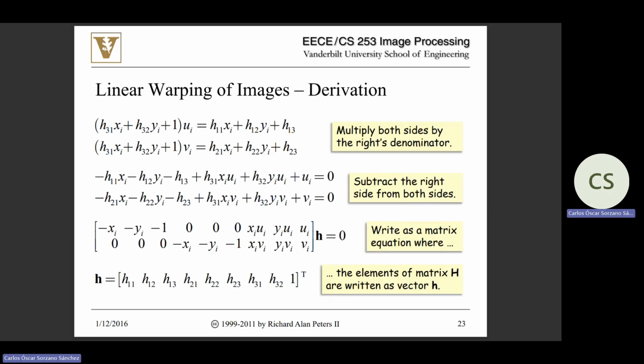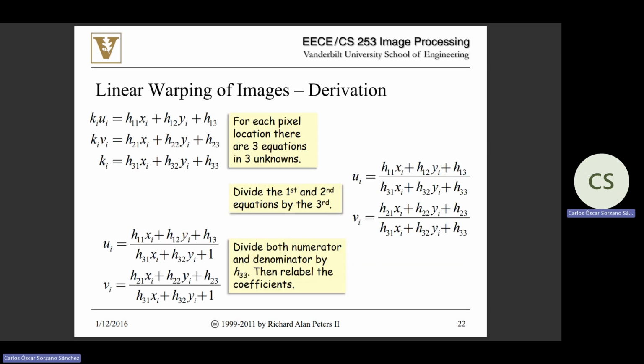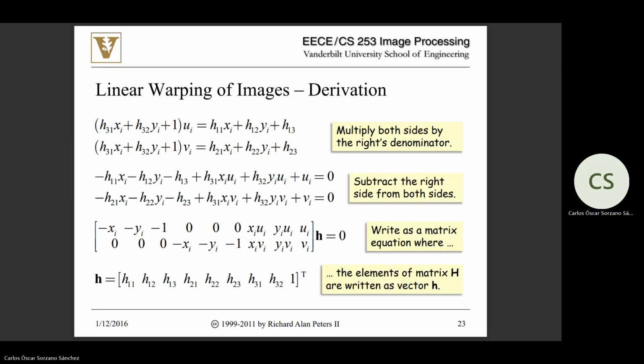Okay, very good. Now we simply put the denominator to the other side. We have this thing, and you bring everything to this side. You expand these parentheses. So now you have this equation. Let's look at the equation.